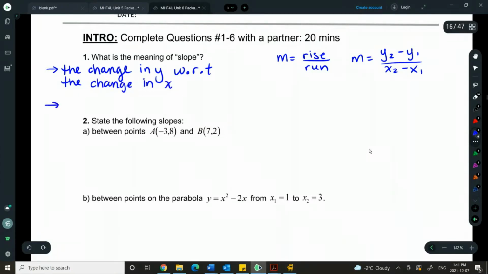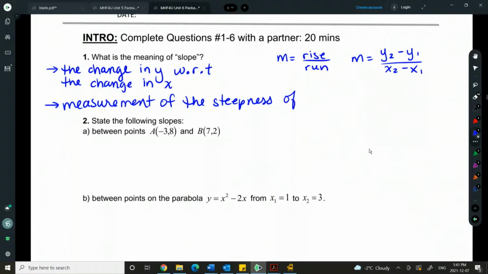Okay, and slope also measures the steepness of a line. So for instance, a slope of 3 is more steep than a line with a slope of 1 or a slope of a half. So the greater the slope, the steeper the line. We can also have negative slopes as well, right? And they would be going down toward the left.